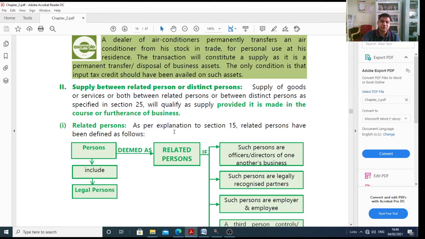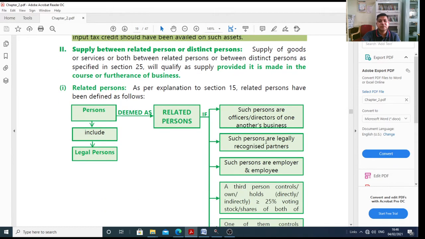Then related persons. This particular definition is very important. Persons deemed to be related include legal persons such as officers or directors of another business. Such persons are legally recognized partners.